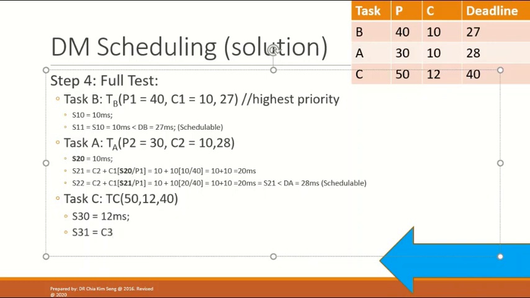This means it's on its own CPU time plus the previous priority tasks. This one is C2, also plus C1. But for each of the previous tasks, you need to multiply by a ratio, divided by P2.